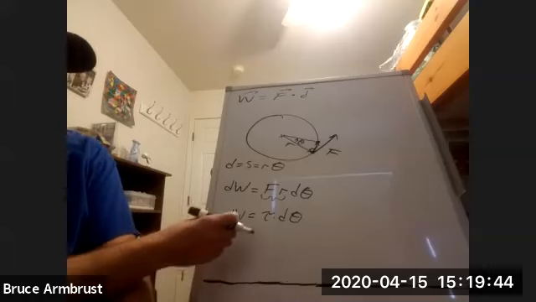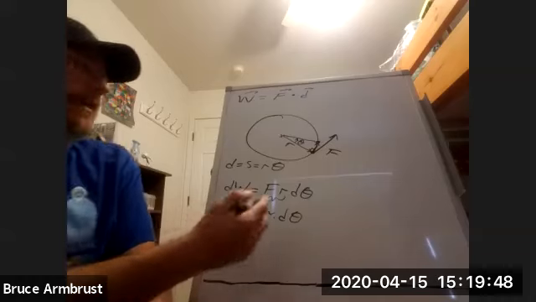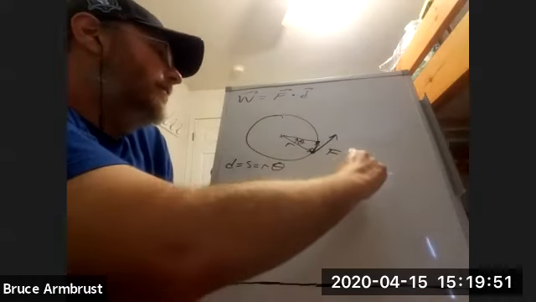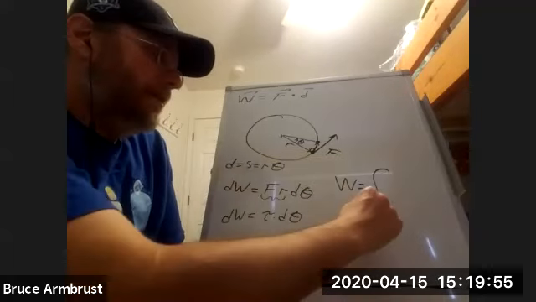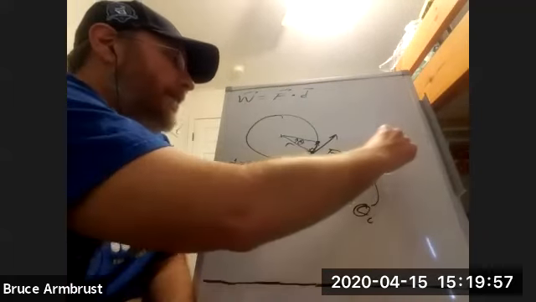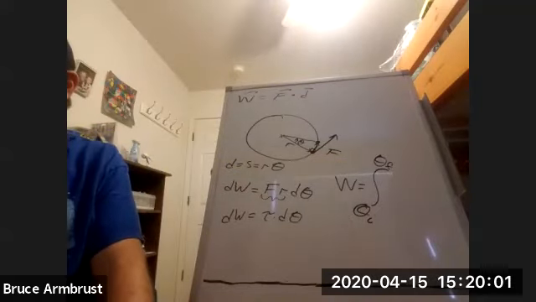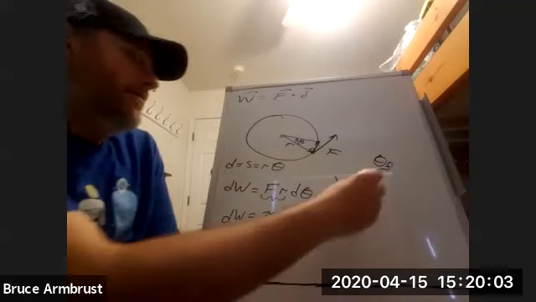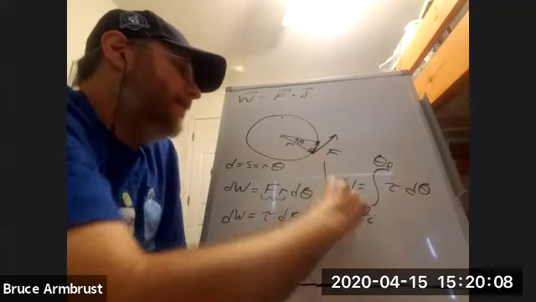Well, if that's the little bit of work, if we want the total work, we just have to integrate. And so for angular quantities, we find out that the work is the integral, from theta initial to theta final, so from wherever to wherever as we're rotating, of torque d theta.